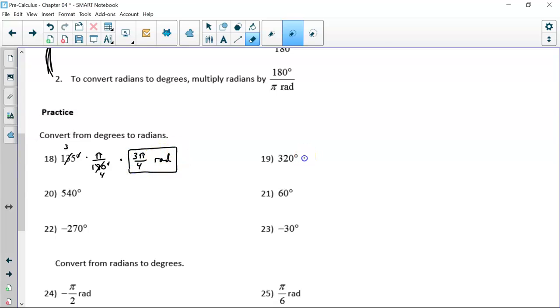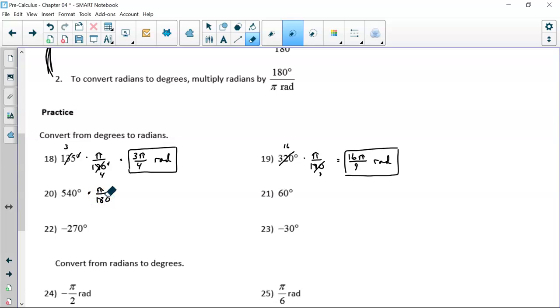For 320 degrees, we're going to multiply by pi over 180. They're both divisible by 20. So you get 16 and 9. So we end up with 16 pi over 9 radians. 540, you're multiplying by pi over 180.